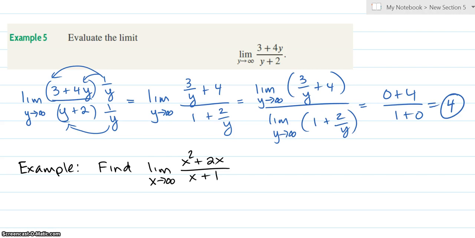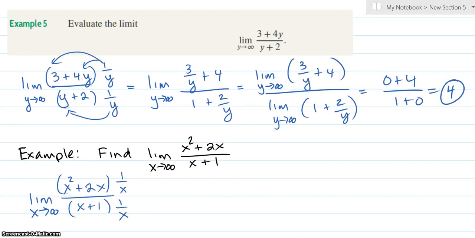In fact, we saw in pre-calculus it was a diagonal asymptote. But let's go ahead and do this. To do this one, I'm going to multiply top and bottom by 1 over x and just see what happens.